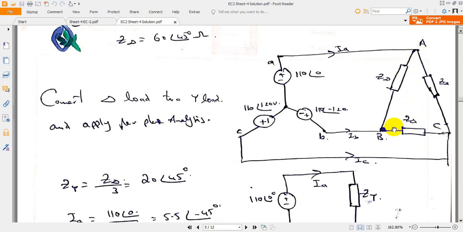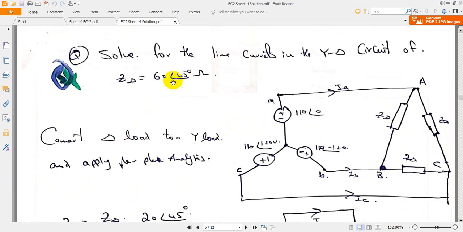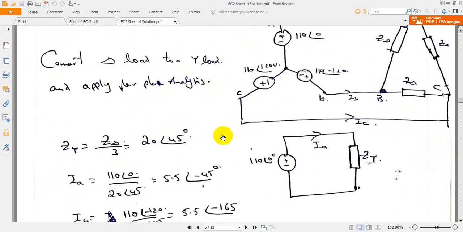ZYA, ZYB and ZYC, or we can call them ZAN, ZBN and ZCN. All these impedances will be the same, and that value is given by Z delta by 3. What is Z delta? It is given in the question. Z delta is 60 at an angle of 45, so ZY is 20 at an angle of 45.